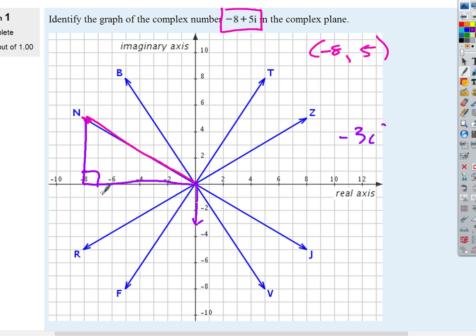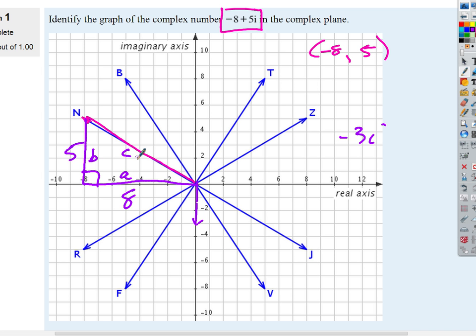What are the lengths of the legs in this case? Okay, so the lengths would be, I could call it -8, I could even just call it 8, right? If it's a length of a leg, it would be a positive number, so 8 and 5. And how would I calculate in a right triangle the length of the hypotenuse? A squared plus B squared equals C squared, if A and B are the legs and C is the hypotenuse, right?